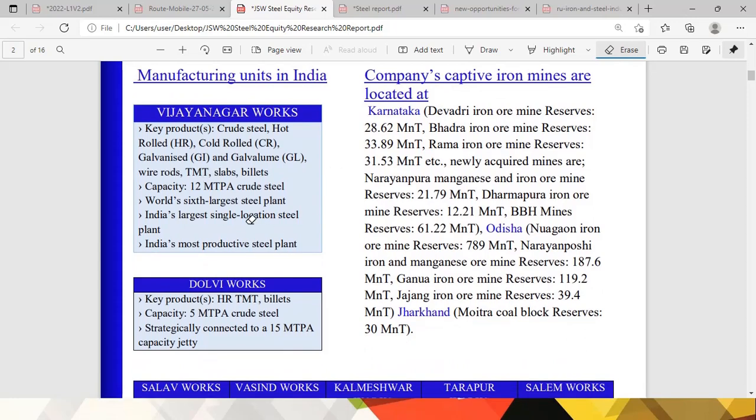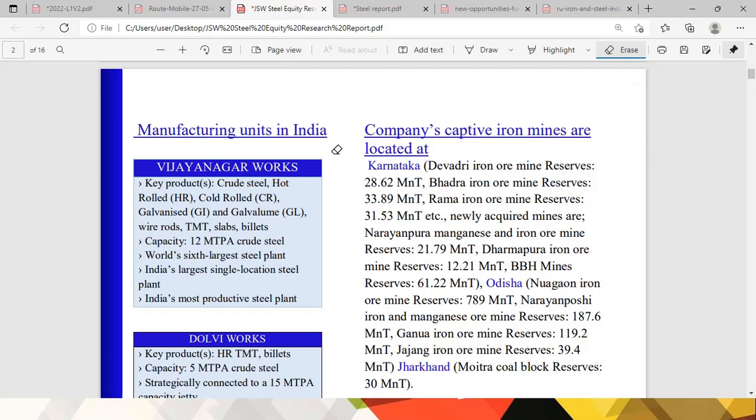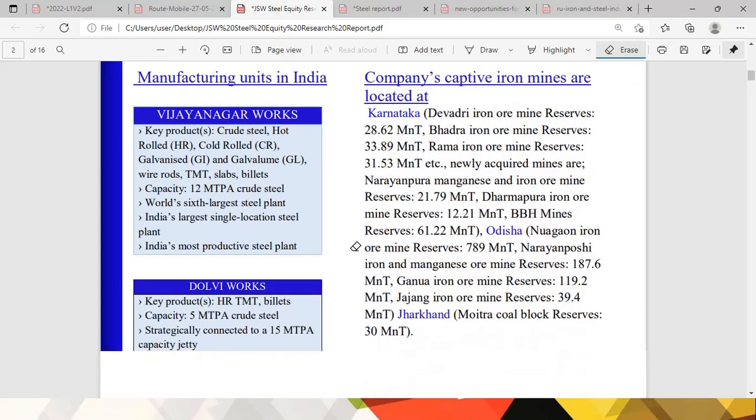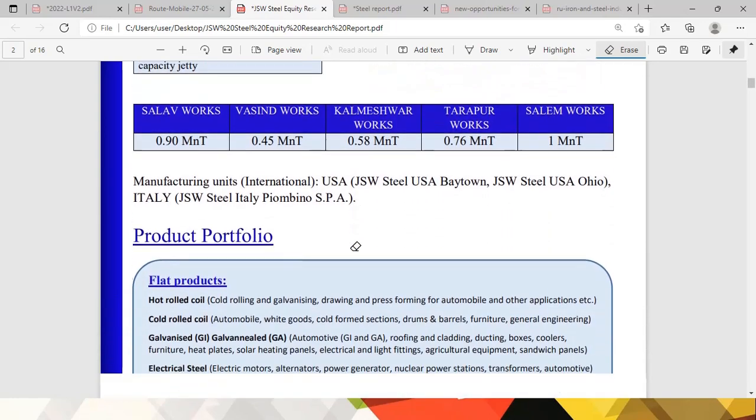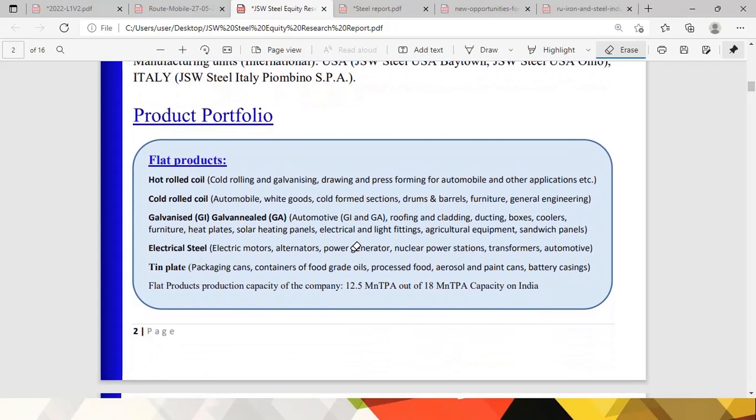And then, as this is a manufacturing firm and it is hugely dependent on its availability of raw material at a short distance and captivity of sources, so I have briefly discussed about the captive mines that they have. Then I have discussed about company's product portfolio. Means what are the products that the company sells and what are the categories of product that a company sells.